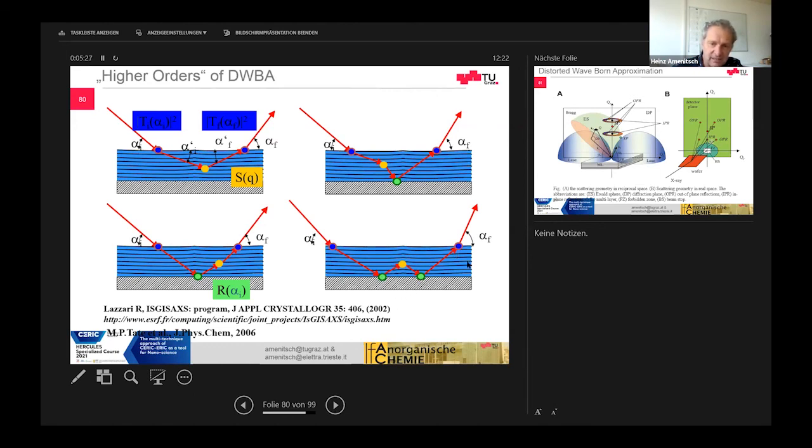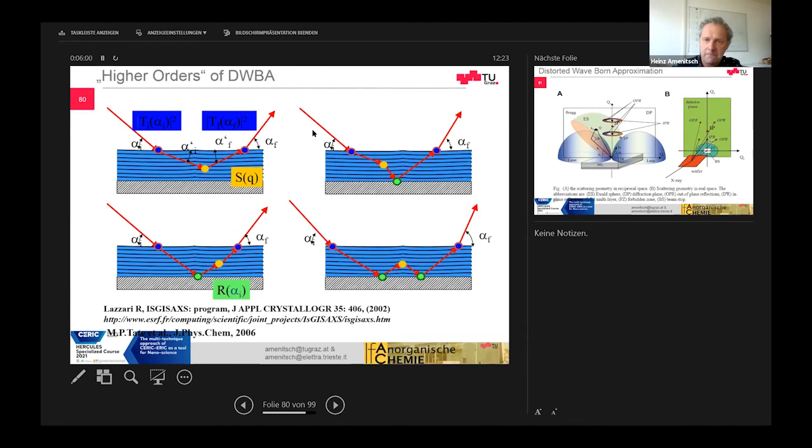So this is quite interesting. So this would give the same scattered angle for these processes. Here you have a shift of the scattered angle. So you have two contributions here, this one and this one, which could give the scattered angle. And this is called then the distorted wave Born approximation. And this is actually what you need to solve to evaluate properly the data in the grazing incidence geometry.